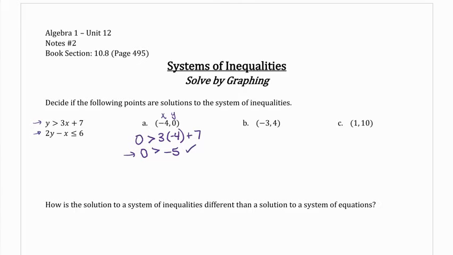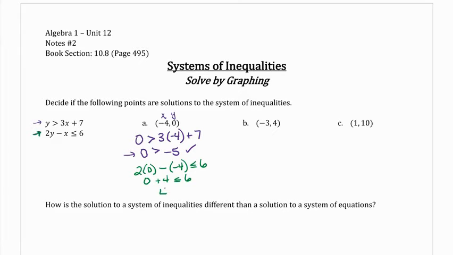Since it works for the first one, we want to check to see if it works in the second. So now I'll take the other inequality. So I'm going to do 2 times y, which is 0, minus x, which is negative 4, is less than or equal to 6. Okay, so the 2 times 0, that's just 0, minus negative 4, that turns into plus 4, less than or equal to 6.